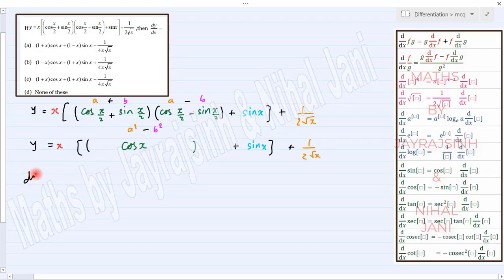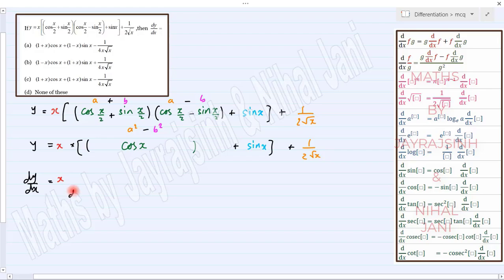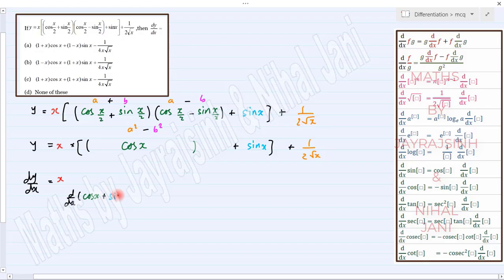Now we are ready to differentiate with respect to x. So we have to apply the multiplication rule. Let's say your x is as it is, and we have to differentiate your bracket, which is cos x plus sin x.